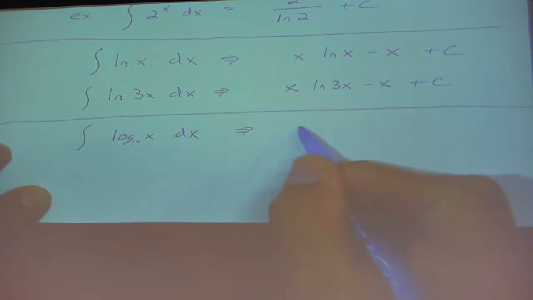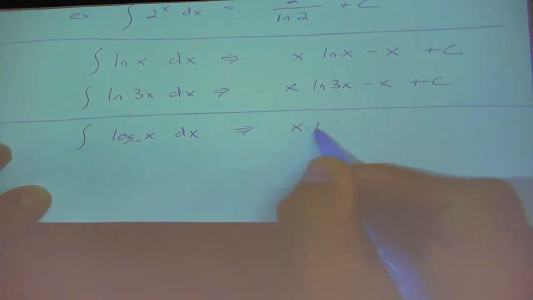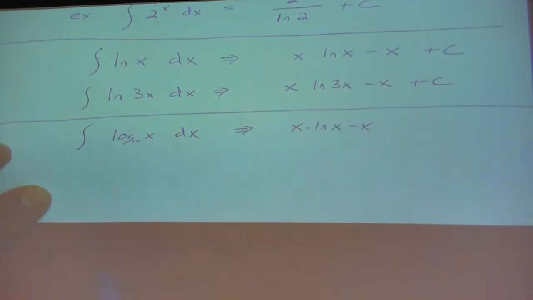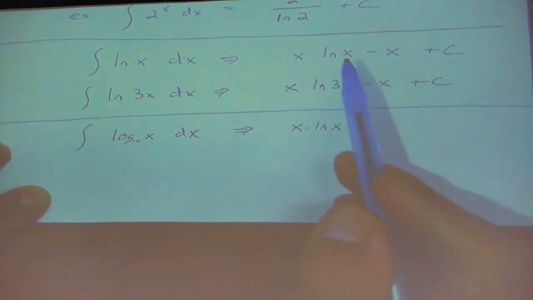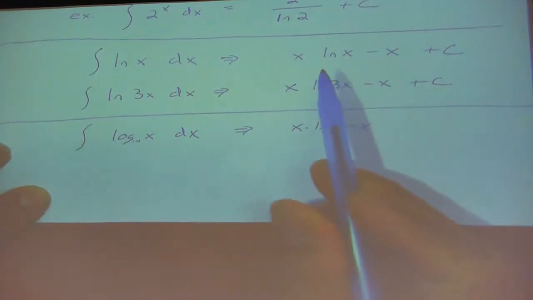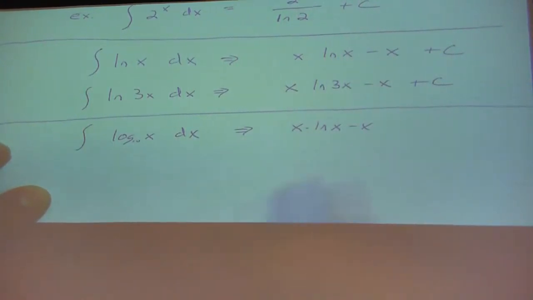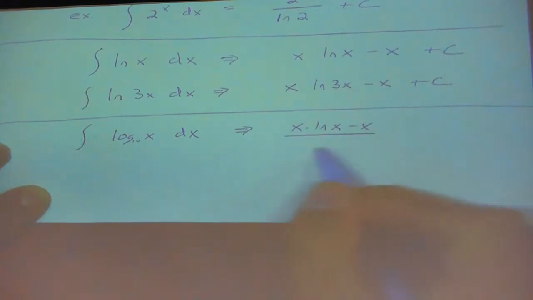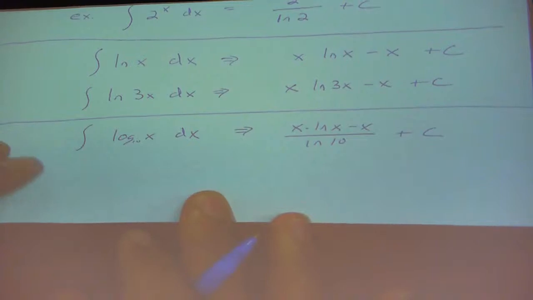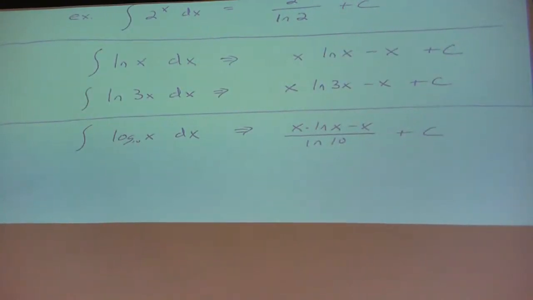That would be x ln of x minus x. Doesn't that look familiar? It's the same thing as natural log. Divided by ln of the base, which is 10. So log and natural log have very similar integrals.